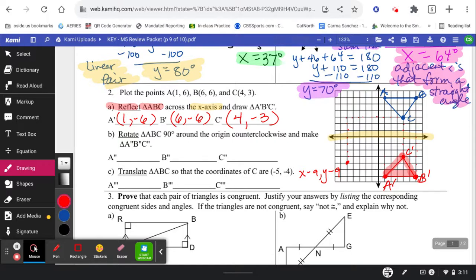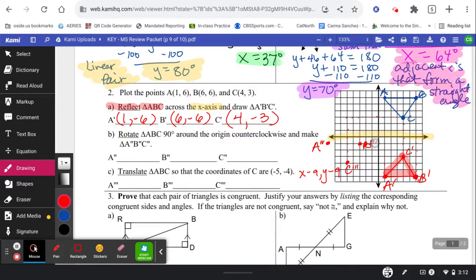So taking A, back 9, 1, 2, 3, 4, 5, 6, 7, 8, 9, and down 7, 1, 2, 3, 4, 5, 6, 7. It technically goes off the graph by 1 line. There's my A triple prime. Here's my C triple prime. B, go back 9, 1, 2, 3, 4, 5, 6, 7, 8, 9, down 7.